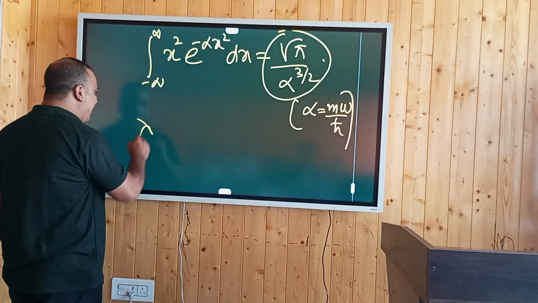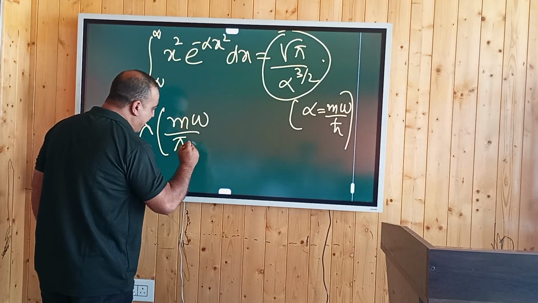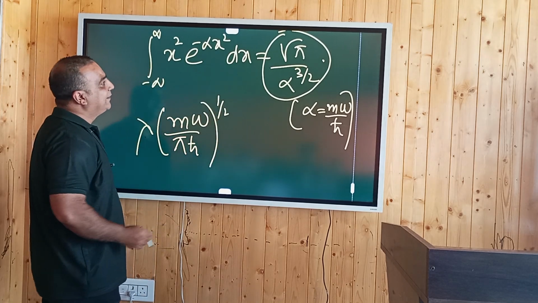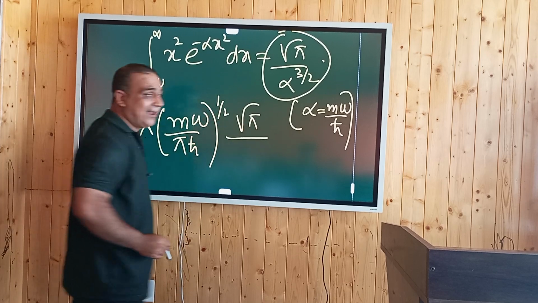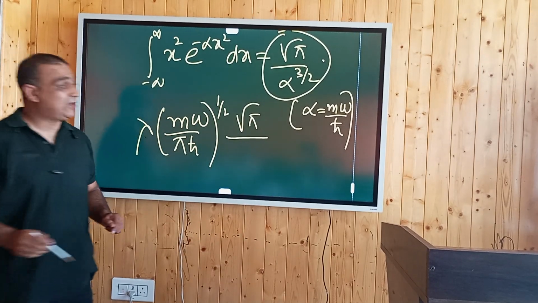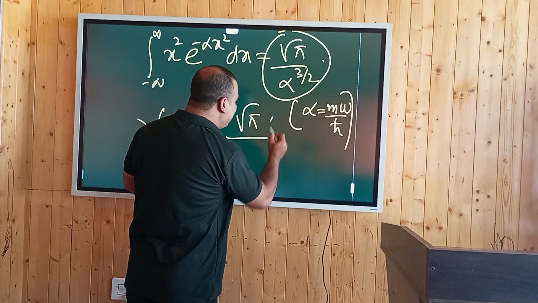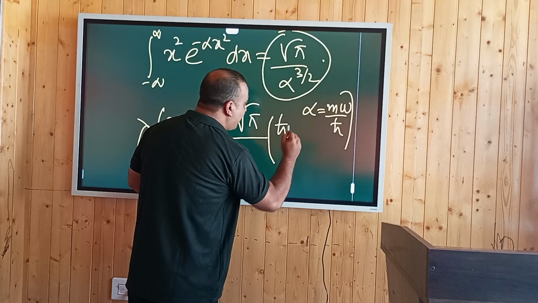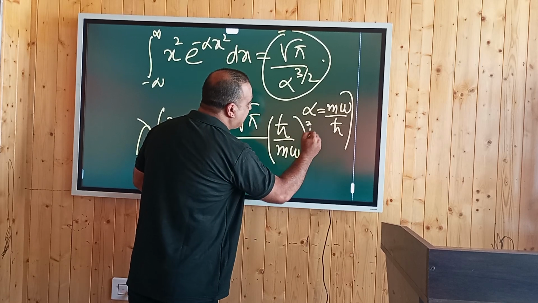So you have lambda, then (m omega by pi h cross) raised to the power 1 by 2. The result of this integral is under root of pi divided by alpha, raised to the power 3 by 2. So I can write this as (h cross by m omega) raised to the power 3 by 2.